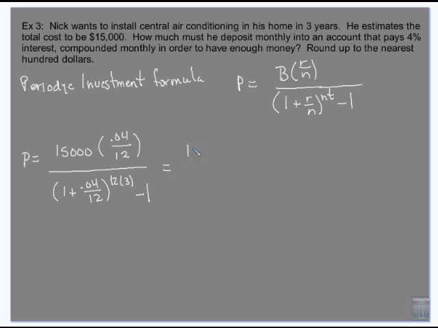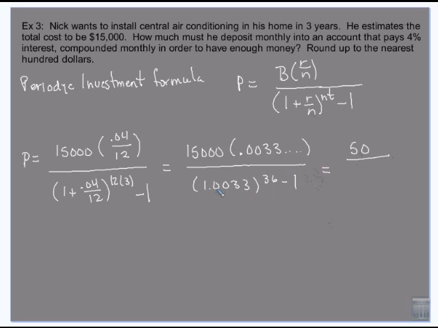So I have $15,000 times 0.00333 repeating. So just round it. So then I have 1.0033 to the 36 minus 1. Okay, 15,000 times the 0.03s that repeat end up giving you 50.